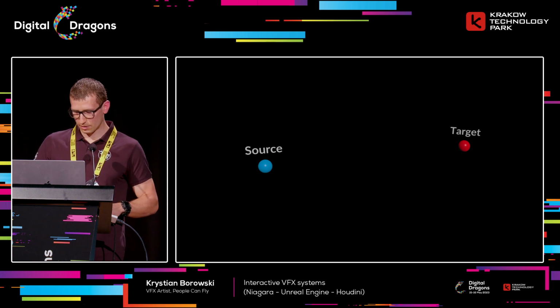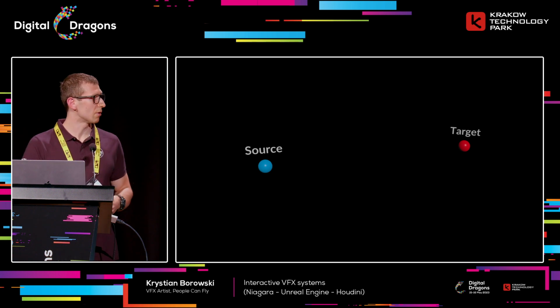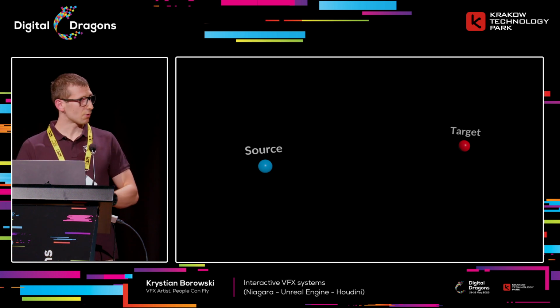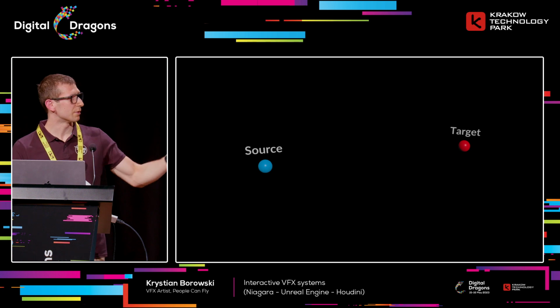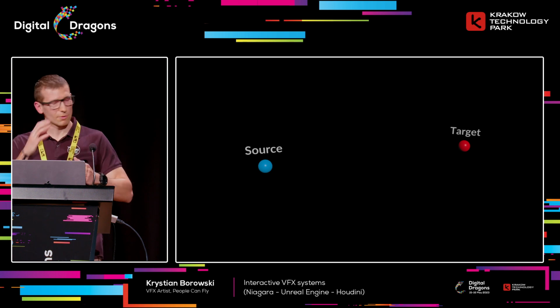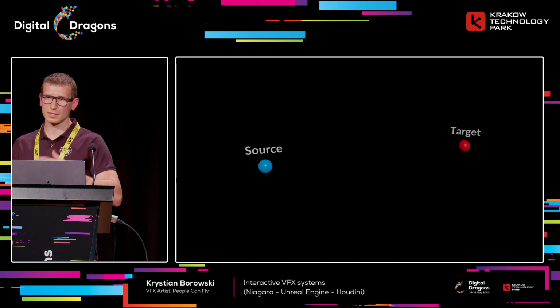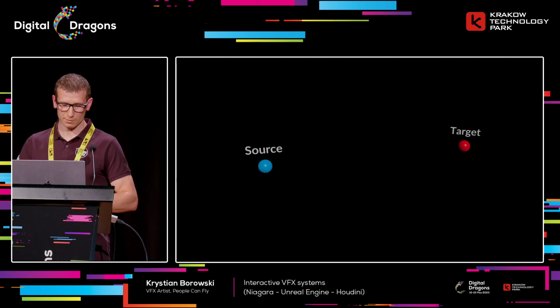Central to our system are two essential objects, right? We have a source and a target. You can think of the target as the vase that you saw in the intro, and the source can be a player or another object that interacts with it. Instead of a player, you can also set enemies, for example, to interact with it.